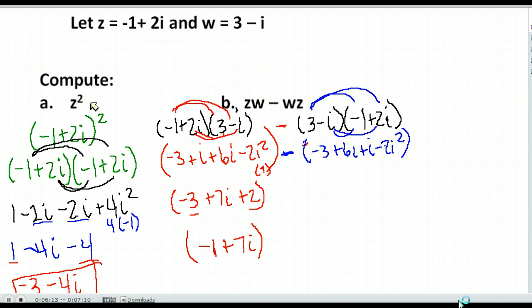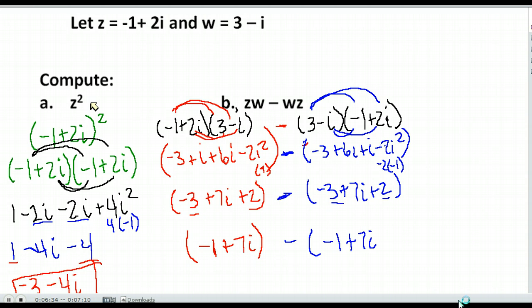Okay, remember we're subtracting here in the middle. If I simplify that, I have a negative 3 plus 7i, and again, negative 2i squared is negative 2 times negative 1, which is a positive 2. Combine my like terms of negative 3 and 2, and I get negative 1 plus 7i. Notice they were exactly the same thing, which means multiplication of complex numbers is probably commutative.